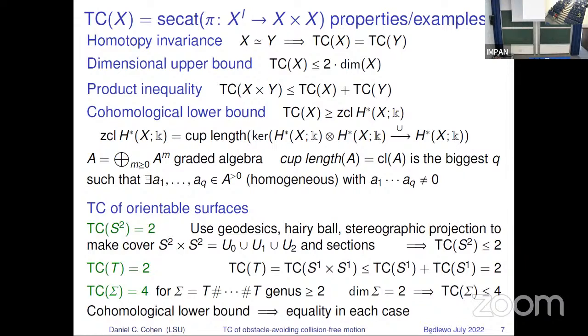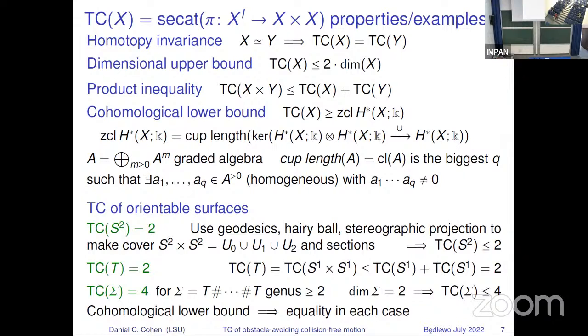In other words, you take positive dimensional homogeneous elements A_1 through A_q that are in the kernel of this map, and ask if their product can be non-zero.